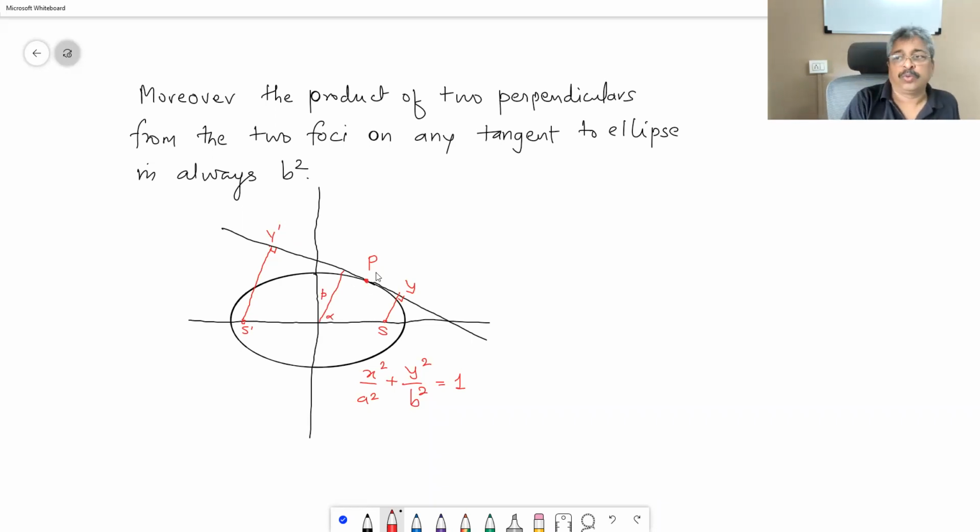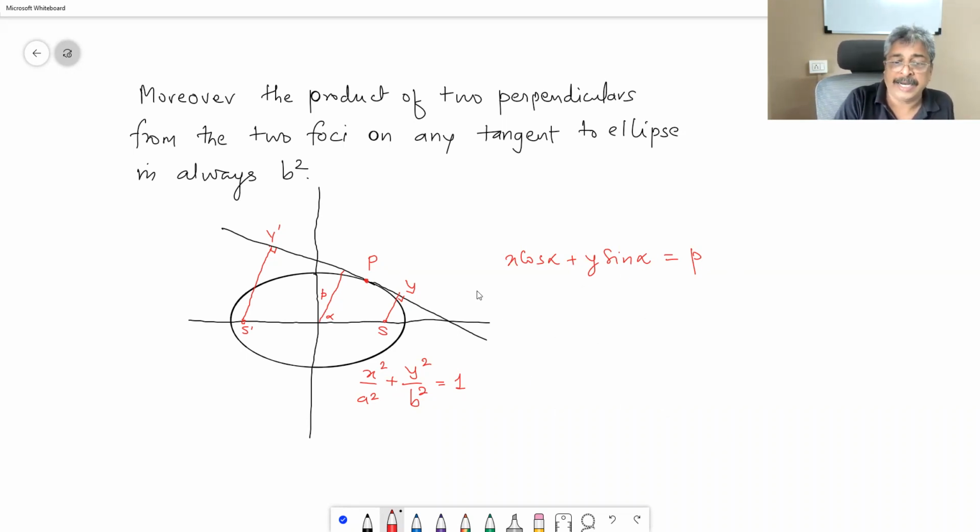While solving the last property, we got the equation of this tangent: x cos alpha plus y sin alpha is equal to p. This is our standard form, and we found p while calculating the other property, that p square was a square cos square alpha plus b square sin square alpha.